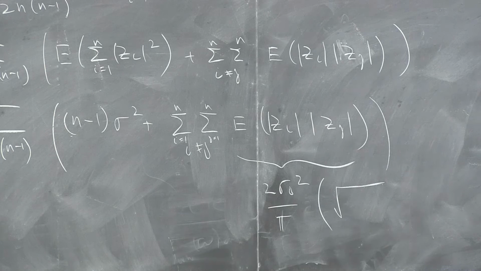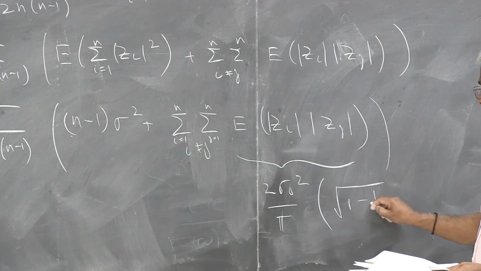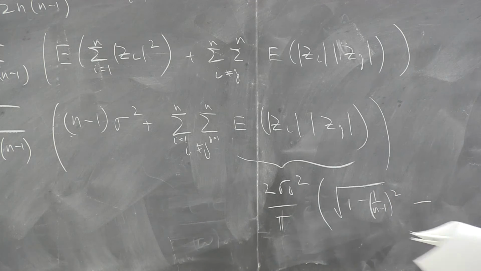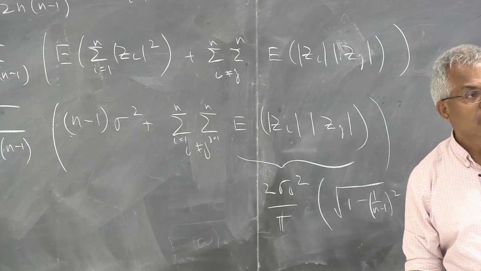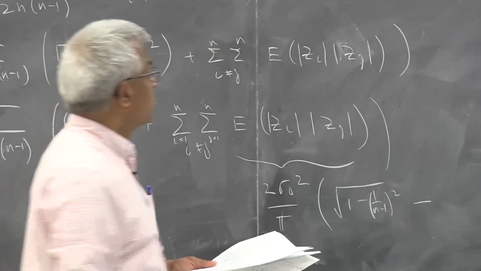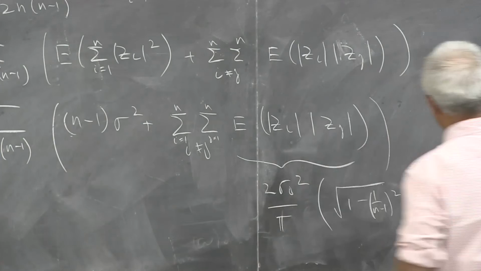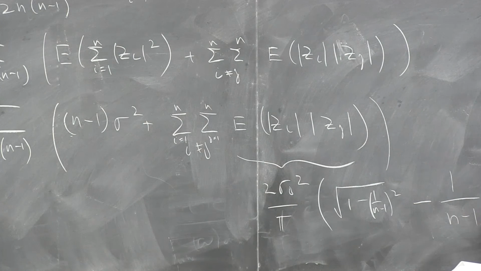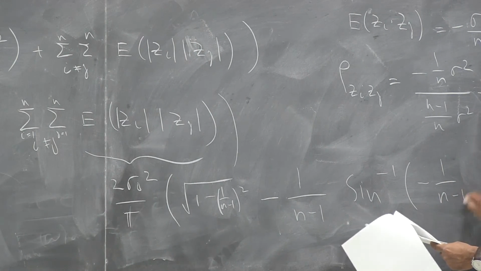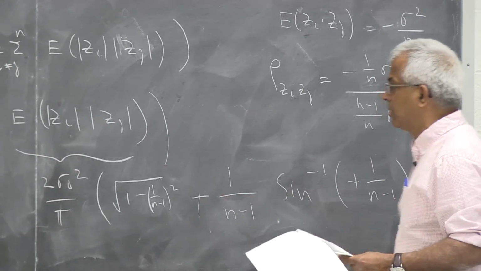The rho is here, so 1 minus 1 over n minus 1 squared, minus rho. So rho is minus this quantity, so that's minus 1 over n minus 1 times sine inverse of minus 1 over n minus 1. So this minus becomes plus.